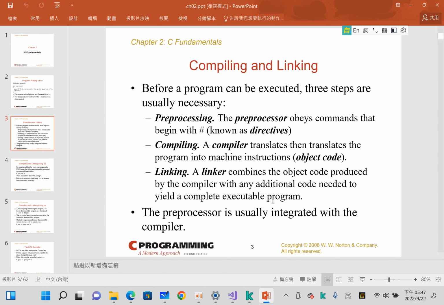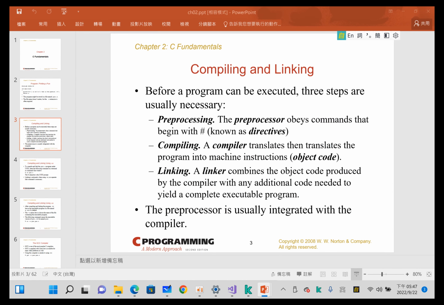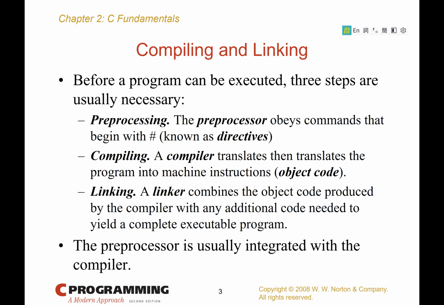Now, let's get back to this PowerPoint file. Now we know the procedure from a C program that you can write to become a machine code that can be executed on a computer.